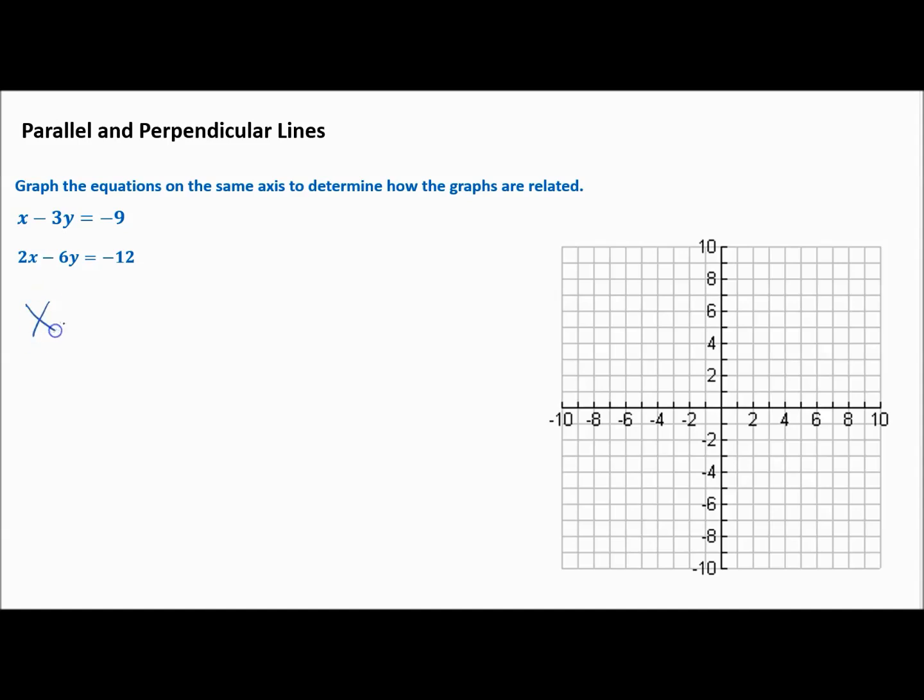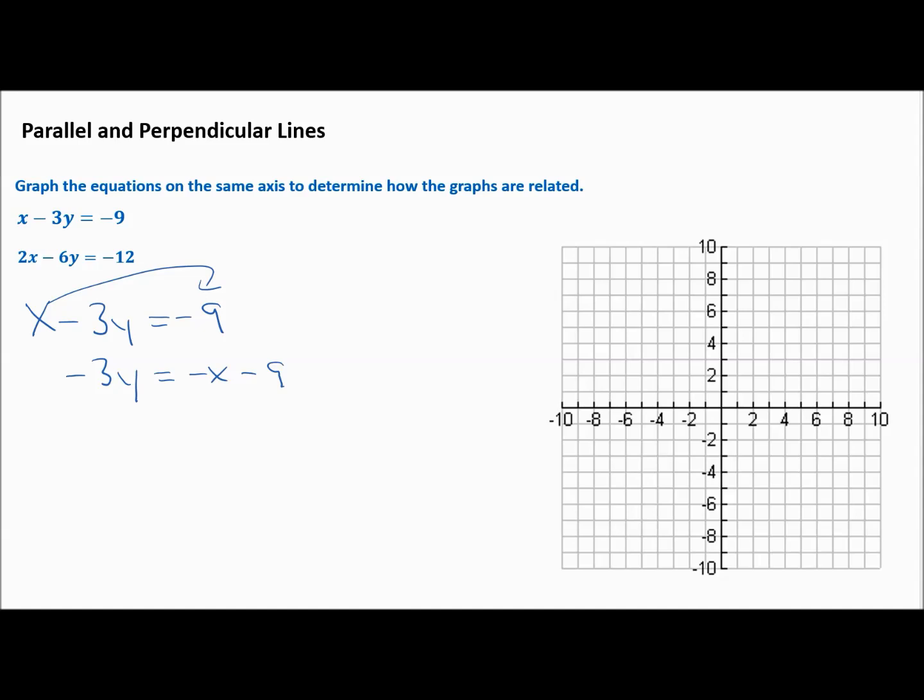I want to take a look at first at x minus 3y equals -9. Now this is not in y equals mx plus b form, right? So that would help a lot. So I'm going to move the x over, which means I'm going to change the sign. It gives me -3y equals -x minus 9.